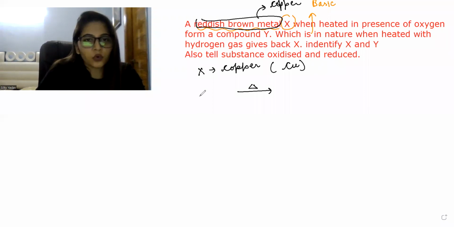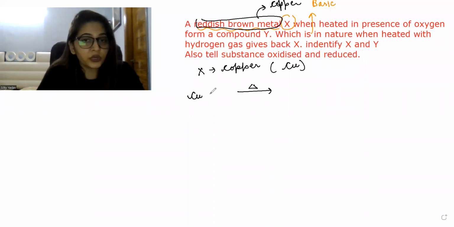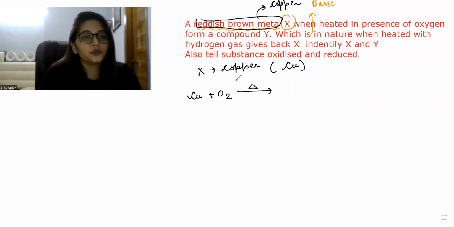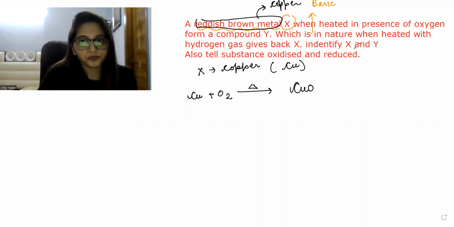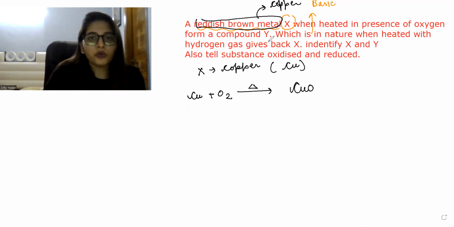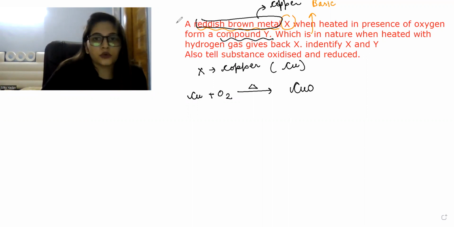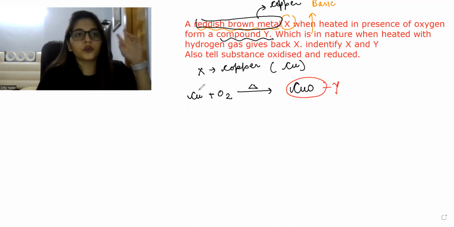So our X element was this copper, and now we are burning this in presence of oxygen. So what is going to be formed is this. This is a compound in which copper and oxygen is there, right? Now, a compound is formed. So this compound is our Y. So we have got the X also, we've got the Y also.